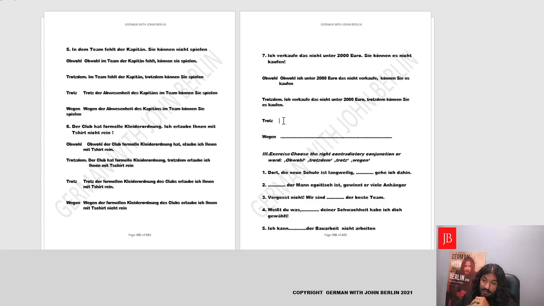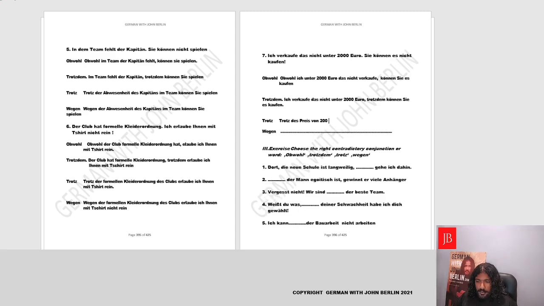In spite of the price of 2000 euro, you can buy it. Yes. So we could say trotz. Now price is der Preis, masculine. So it will be this, this. Trotz des Preises von 2000 euro, in spite of the price of 2000 euro, you can buy it. Können Sie es kaufen? Okay. All right.